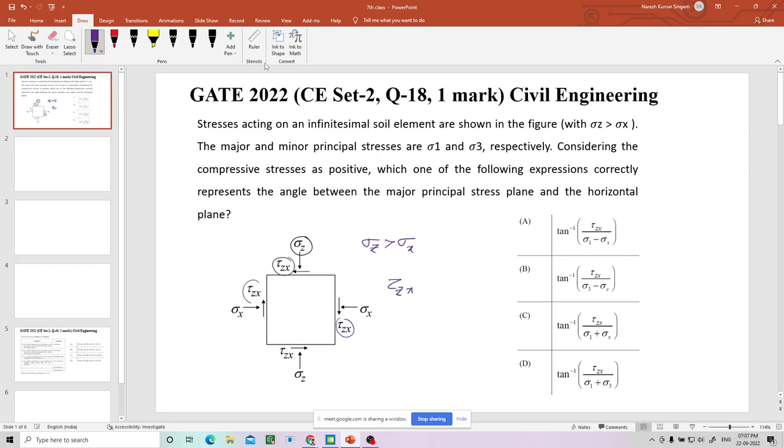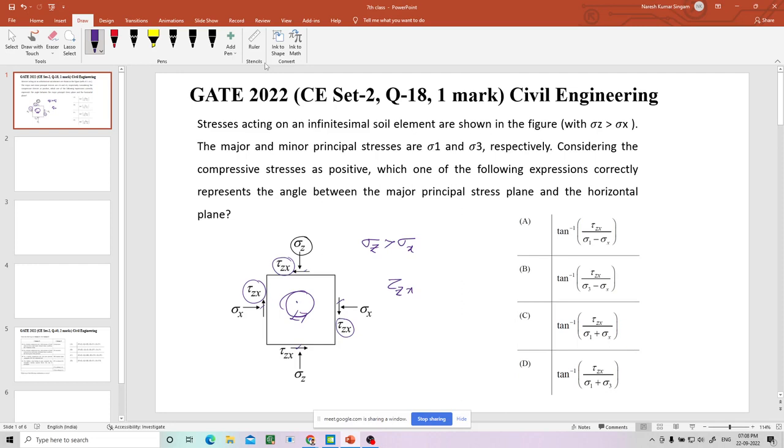Shear stress will always be the same, the only thing is the couple formed by the shear stresses will be in different directions. You see this and this will make an anti-clockwise couple, whereas this and this one will make a clockwise couple. So that's how this is in equilibrium, right? Both are equal and both are making the same amount of couple.